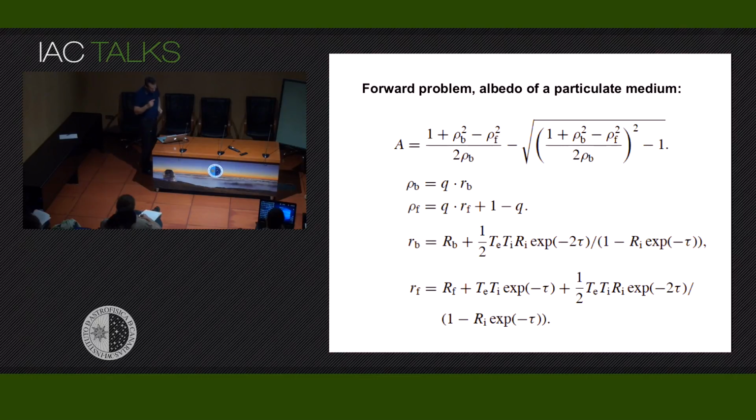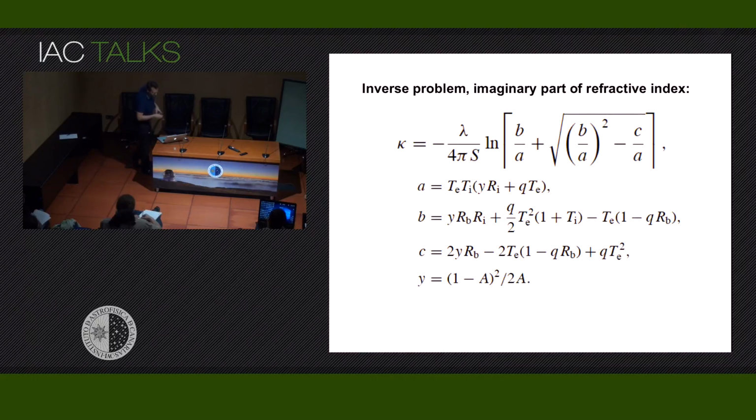But the nice thing, I don't go into the parameters here, except that in the inverse problem, this now is the imaginary part of the refractive index. I think, if I recall correctly, he must assume that there is a real part of the refractive index assumed or fixed somewhere, and then he can come up with the actual absorption related imaginary part of the refractive index.